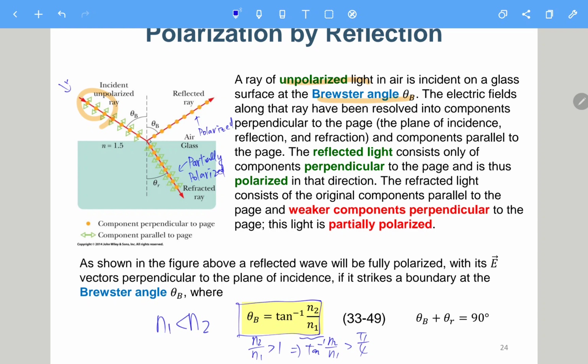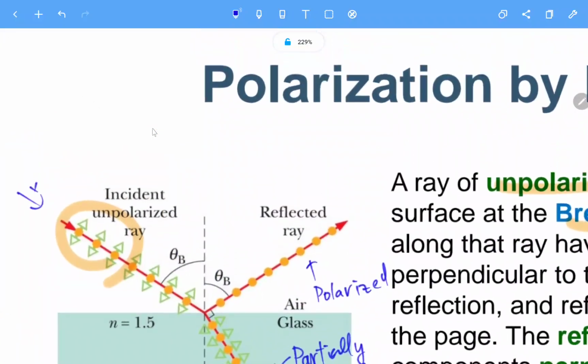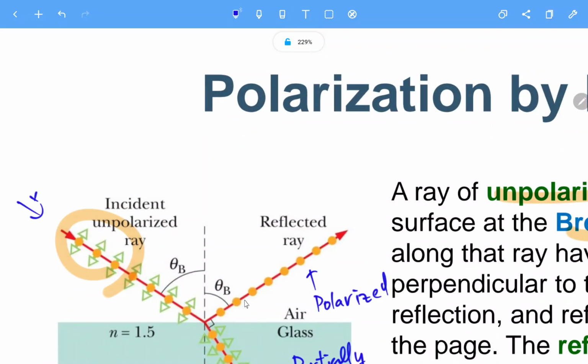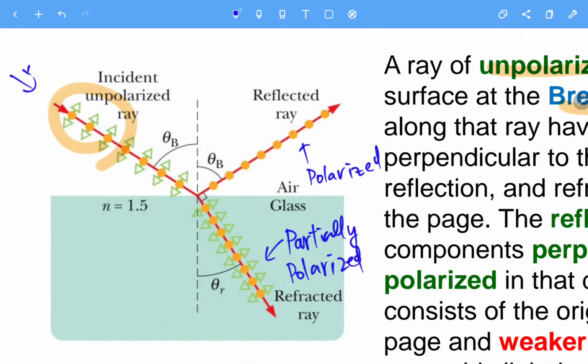Okay, so actually here we have an interesting property. As we know, this is refraction. Which means that the incident angle and the refraction angle are the same. So this is theta b, this is also theta b. The interesting thing is that here we draw it as a right angle.